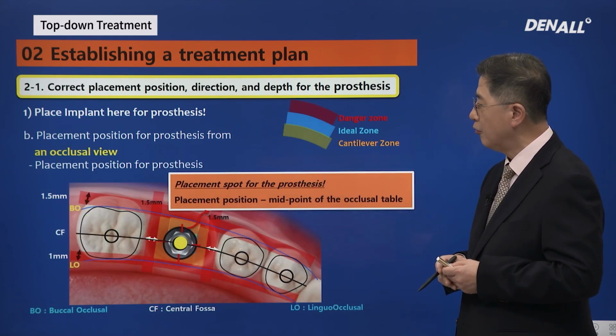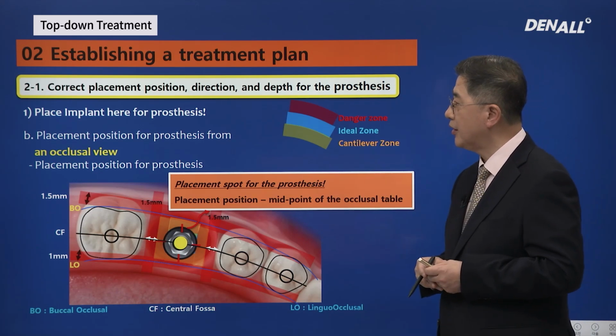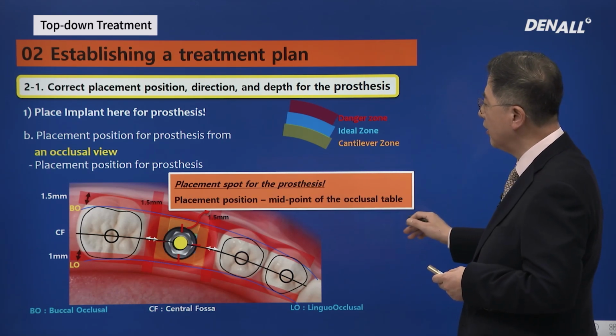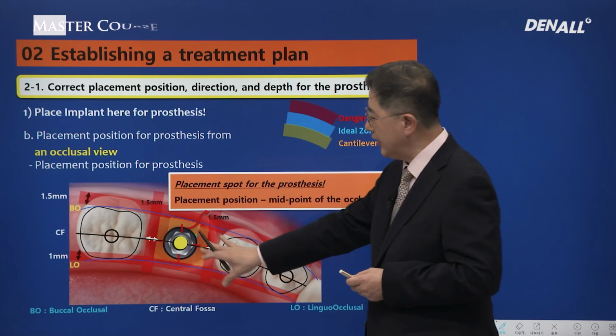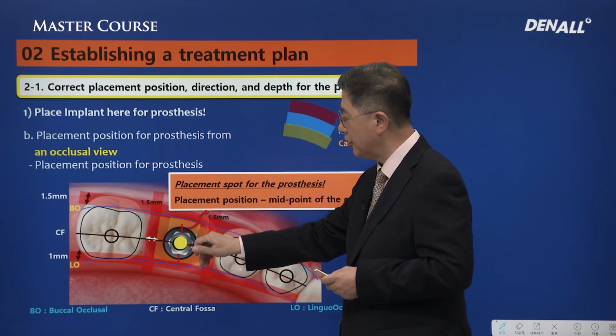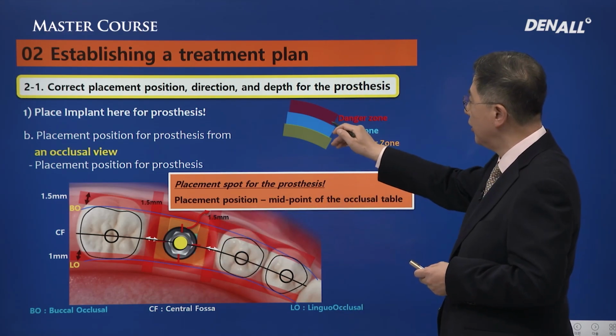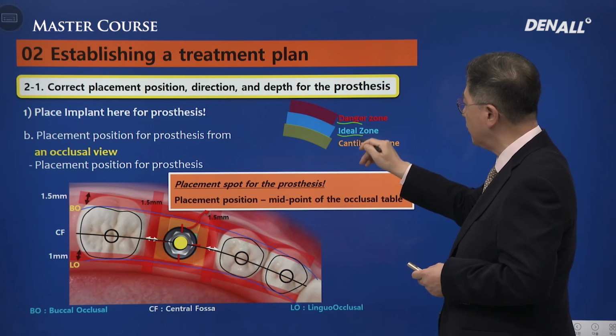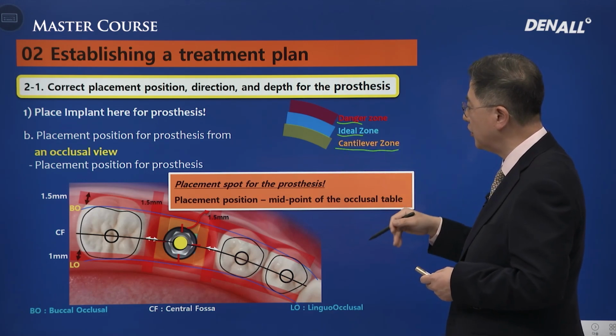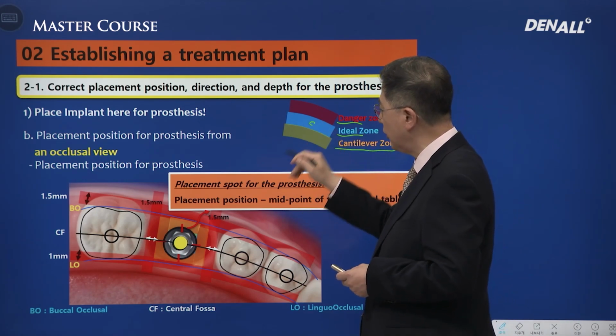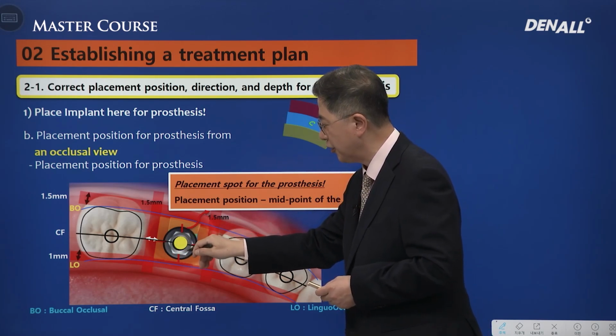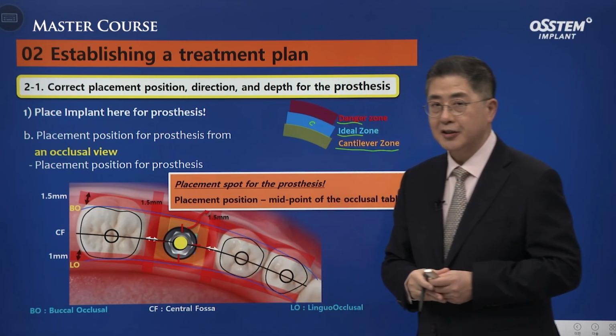If you look at the position from occlusal view, we need to place the implant in the middle of the missing teeth. There is danger zone, ideal zone, and cantilever zone. Ideal zone is positioned at the center. By placing implant here, we can get optimum results.